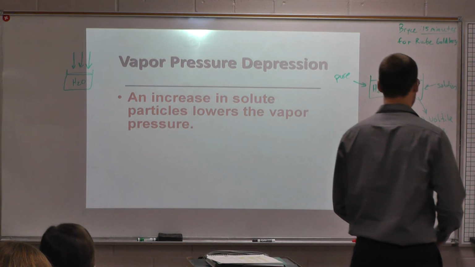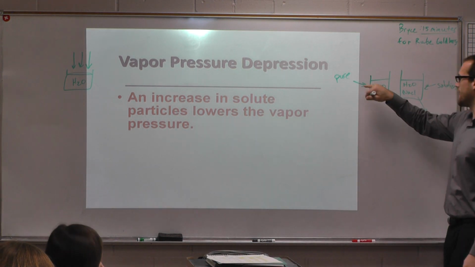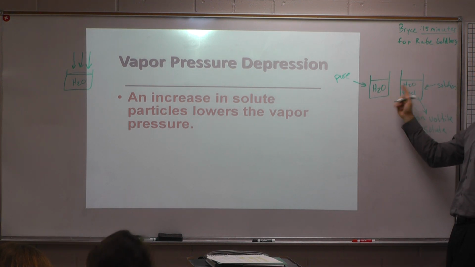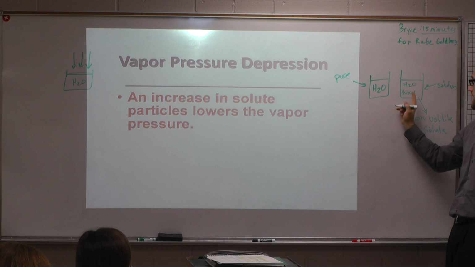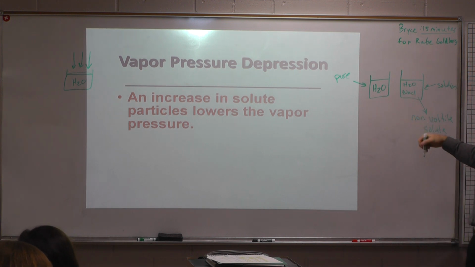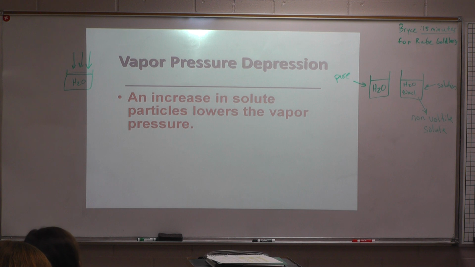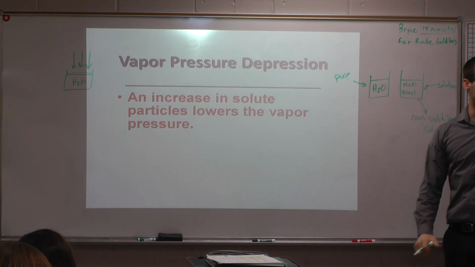Okay, let's talk. Let's say I have equal volumes of this. Pure on this one side, solution on the other side, where what I've done is replace some of the water molecules with a non-volatile substance. So per unit volume, which one's going to have more vapor pressure?